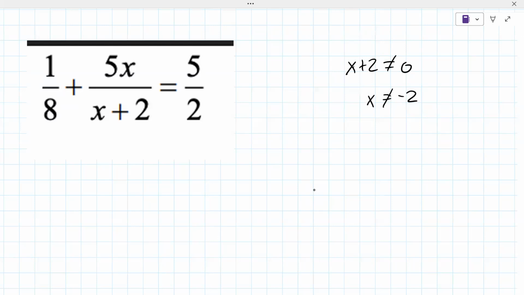She did say that was one of the things a lot of people miss, that they didn't check if it was one of the ones where it says x is not equal to.